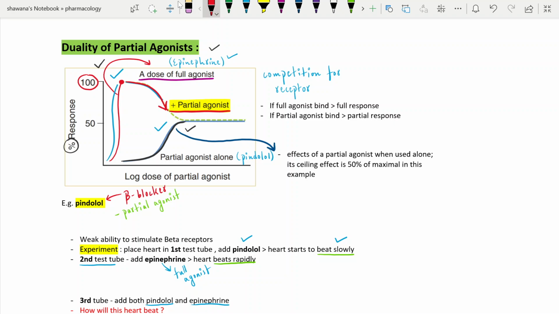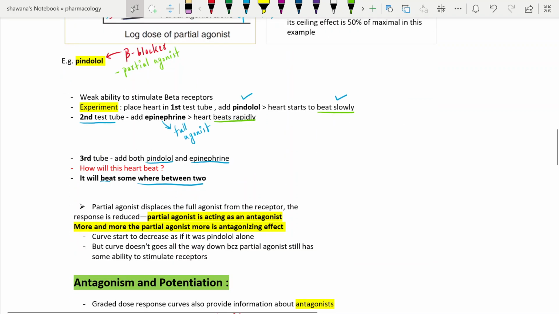It means that this partial agonist is acting as an antagonist to that full agonist, and the more partial agonist is added, the more is the antagonizing effect.